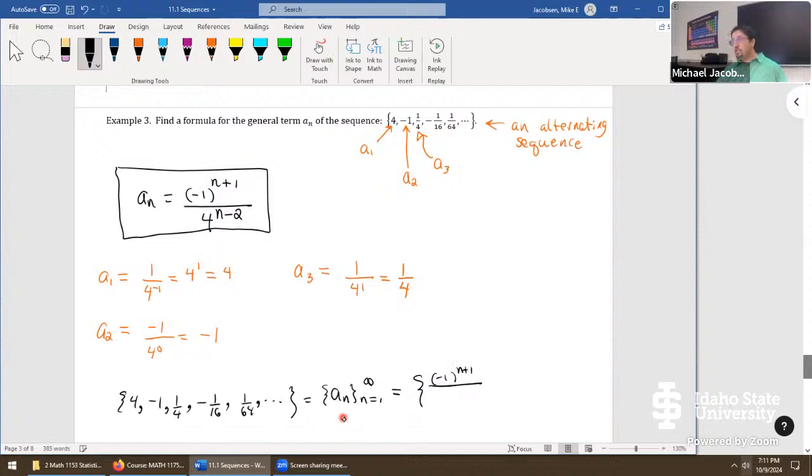Sometimes you'll see sequences in the book written out this way, where the nth term is just exhibited, and we give the information that this is valid from n equals 1 to infinity. Or sometimes, like in the answers, just the nth term is given and nothing else. That means there are ways to visualize this: as a function indexed at n, as a set that's infinitely long, and I guess these two are the third way.